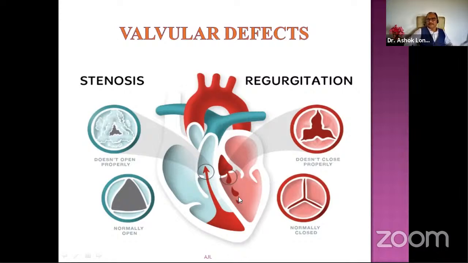Opposite flow means the blood which is supposed to go upwards in the pulmonary trunk or pulmonary artery, if there is a stenosis here, the regurgitation will take place.